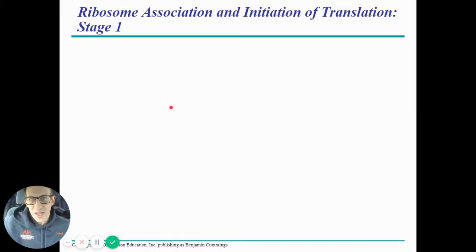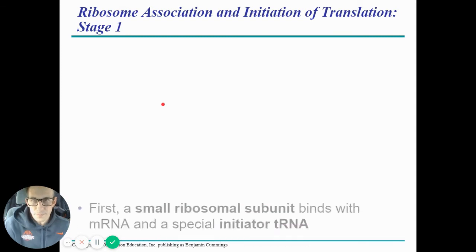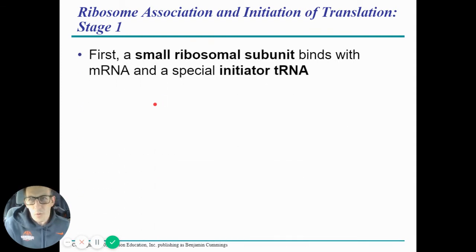So now translation happens in 3 distinct stages, which we'll talk about briefly. Number 1 is called initiation. First thing we have to do, you remember that ribosomes help to translate mRNA. At this point, mRNA is all by itself, ribosome is all by itself.